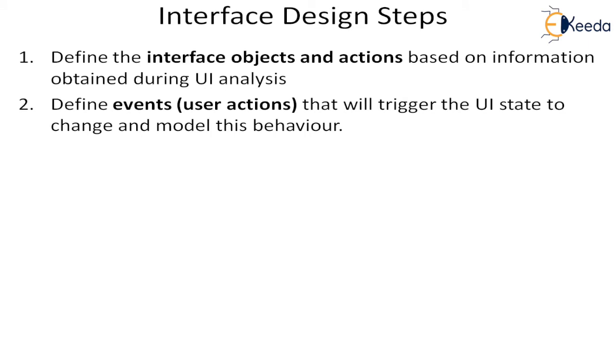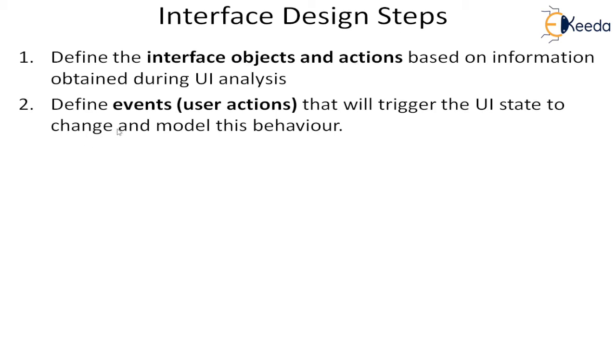So here, define the interface objects and actions based on the information obtained during the user analysis. So we have done the interface analysis in the previous step. Whatever information we obtain from that, we will take it and define the interface objects and the interface actions, the user interface objects and the user interface actions.